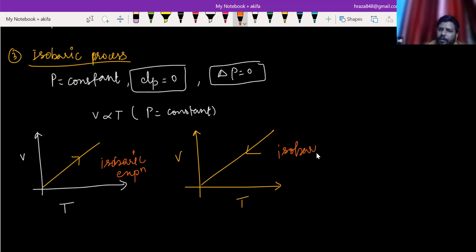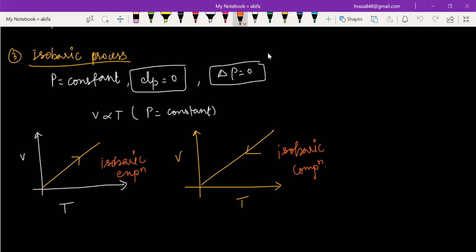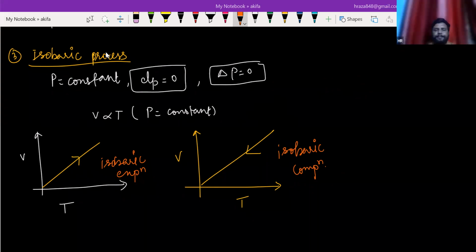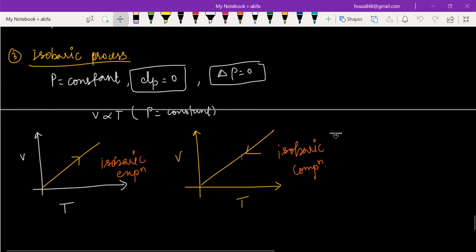And this is isobaric compression. Are you done with this? Yes. Very good.